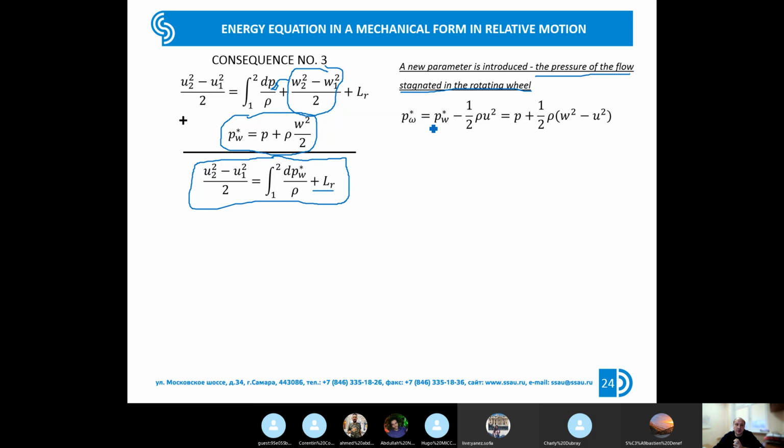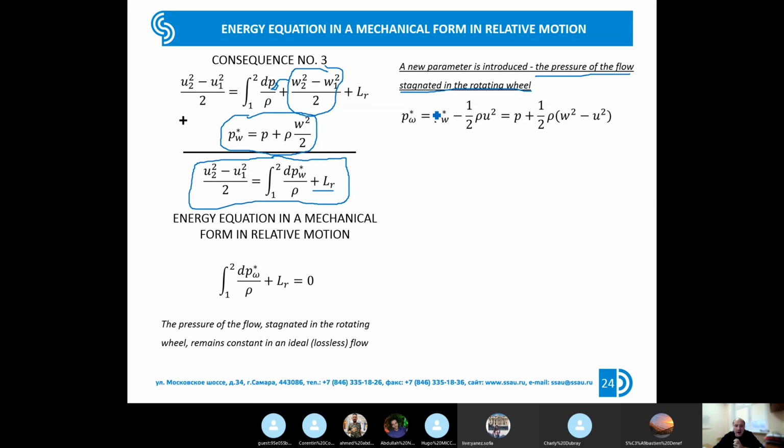So if we put this new parameter into the energy equation in mechanical form in relative motion, finally we receive this equation. It's a really very interesting equation because it's always convenient to have parameters which don't change during the process.